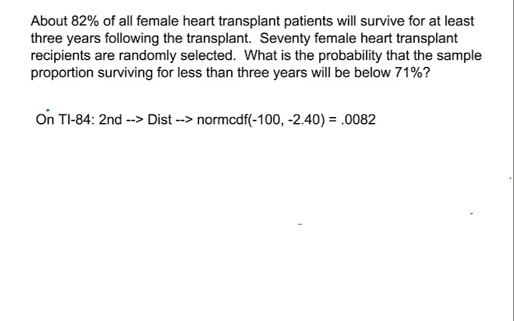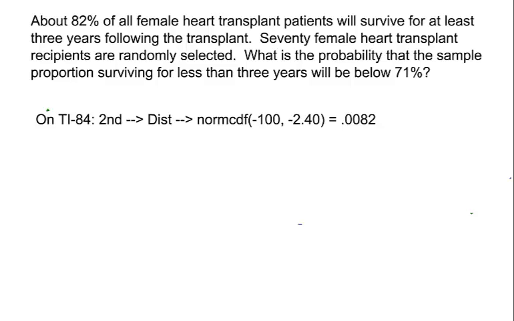Then select normal CDF, which is option 2. Because we're interested in finding the probability at the left end of our normal distribution, we'll put in a lower bound. I like to use negative 100, but you can use any value from negative 5 and below. Anyway, I type in negative 100, comma, and then my z-score as my upper bound.